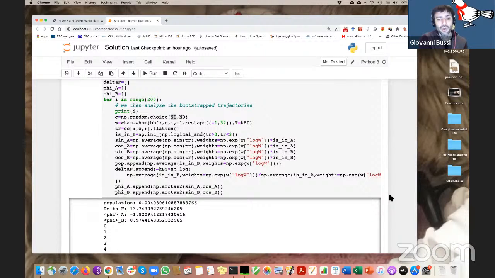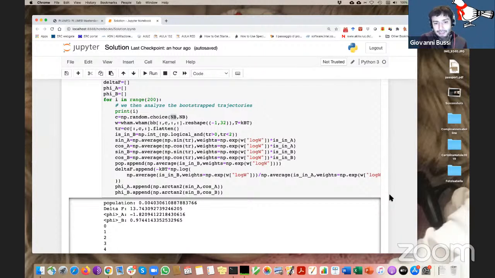What's incorrect is to do bootstrap assuming that the frames that you generate in your simulation are independent of each other, because they aren't. You sometimes find the recommendation in the literature to estimate autocorrelation times and then sample points with a stride that is larger than the autocorrelation time.